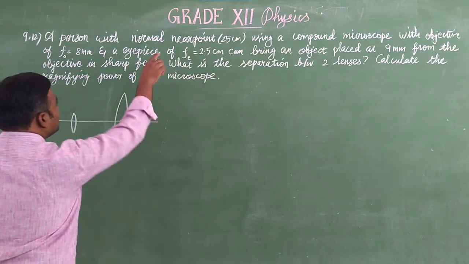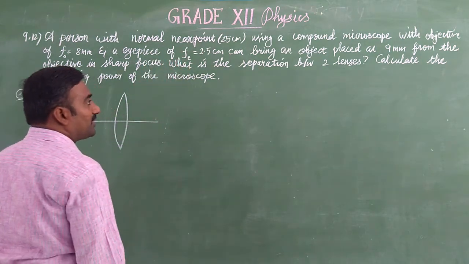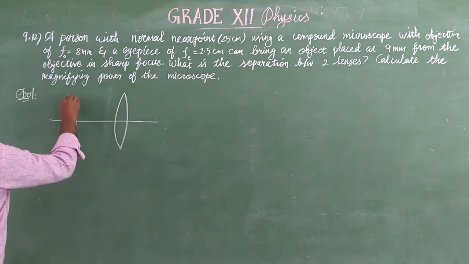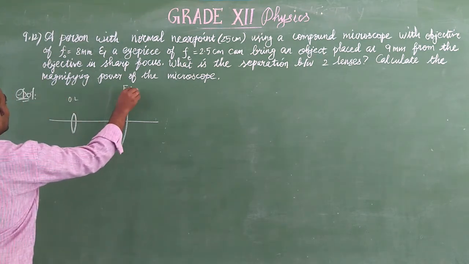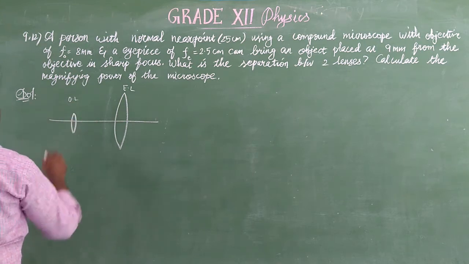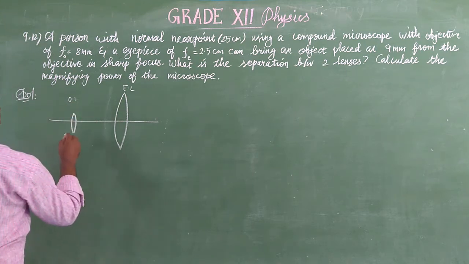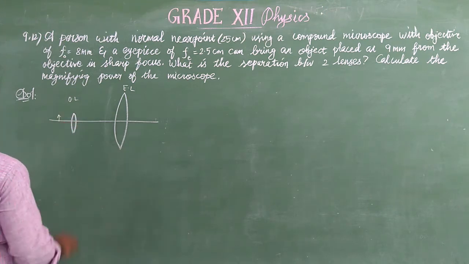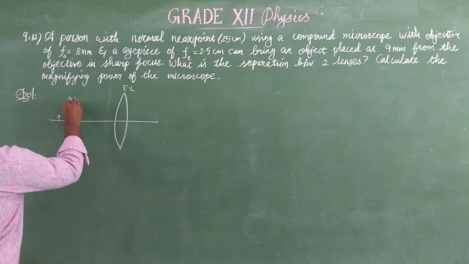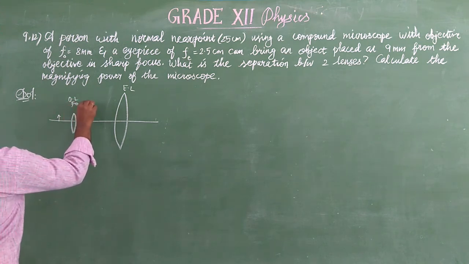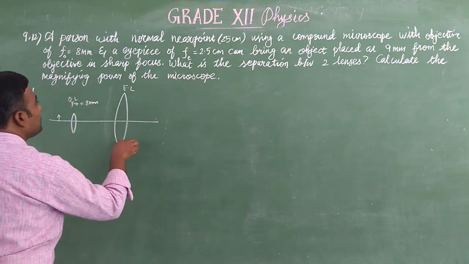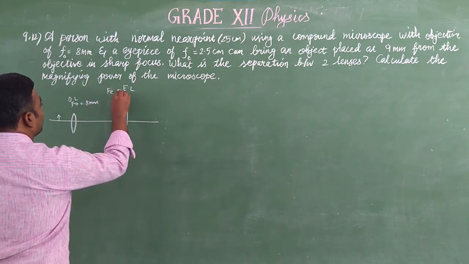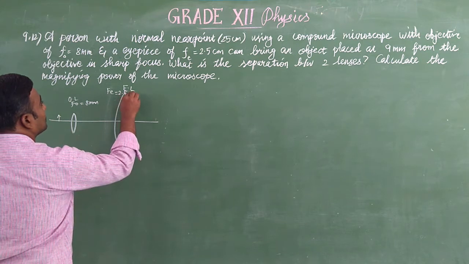So the person with a normal near point is using a compound microscope with an objective of focal length 8 millimeter. This is the objective lens and this is the eye lens. The object is placed here, and the focal length of the objective lens is 8 millimeter and the focal length of the eyepiece is 2.5 centimeter.